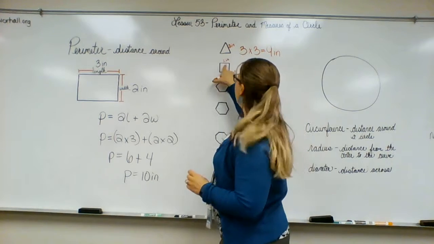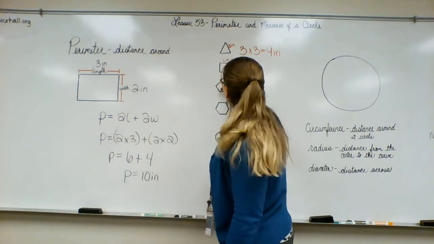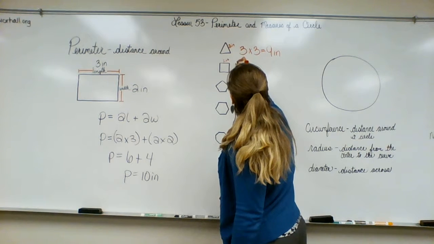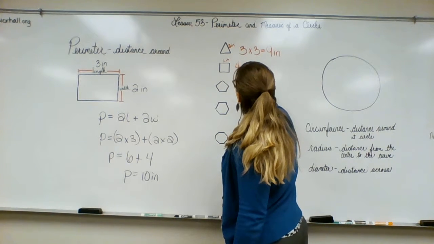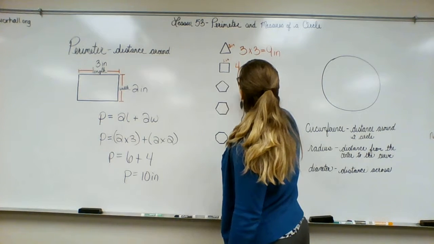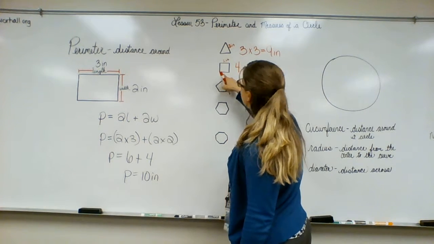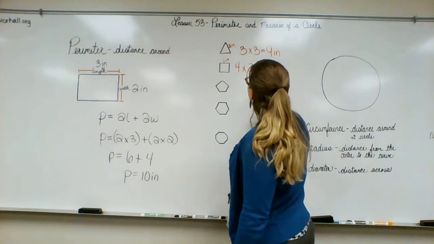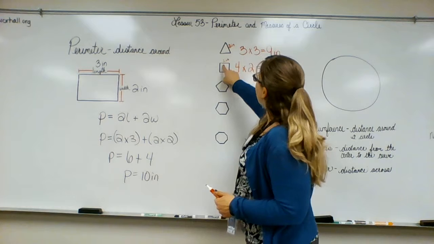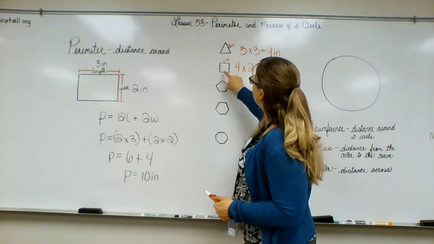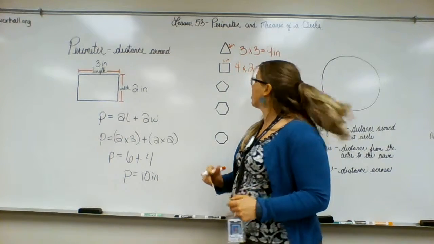If we know one, we know that all of the others are the same. We can take 4 sides times 2 inches on each side, and the perimeter of our regular quadrilateral, or our square, would be 8 inches. And we can check by adding them together. 2 plus 2 plus 2 plus 2. 2, 4, 6, 8. And we know that's correct.